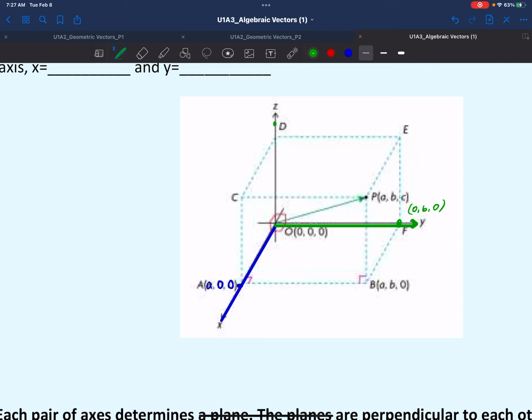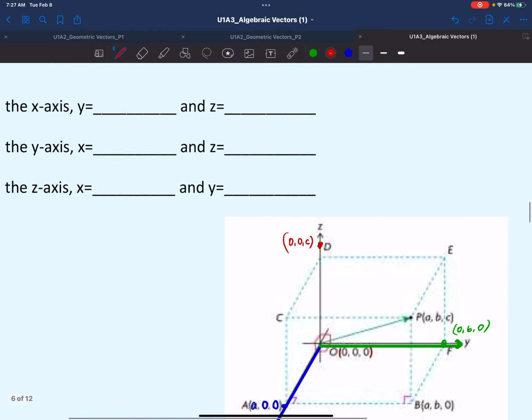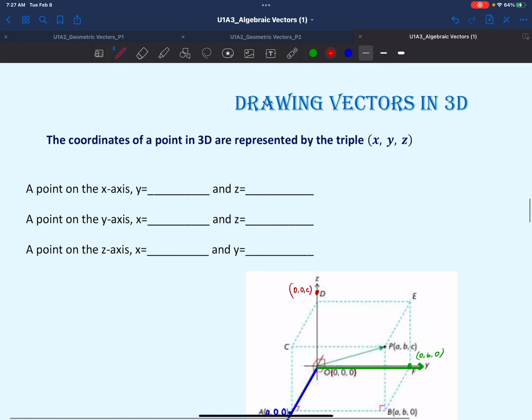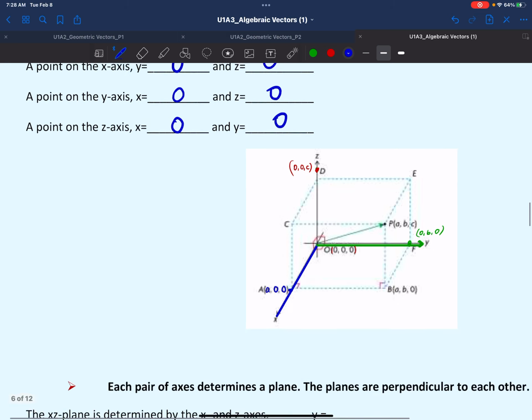And any point on the z-axis will have the x 0, the y 0, and the z-coordinate equal to some number c. Now the origin is always going to be 0, 0, 0 because it's where all the axes intersect. So we're going to say that a point on the x-axis has y and z equal to 0. A point on the y has x and z 0, and the z has x 0 and y 0.